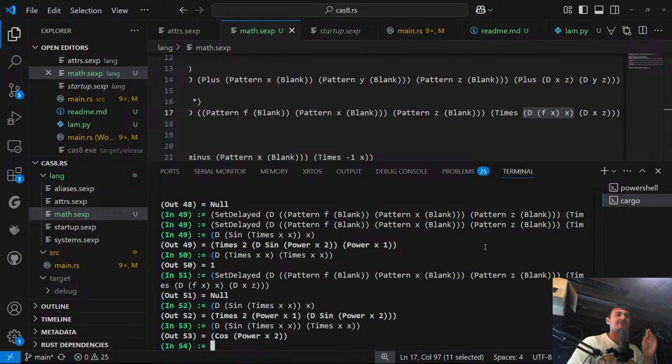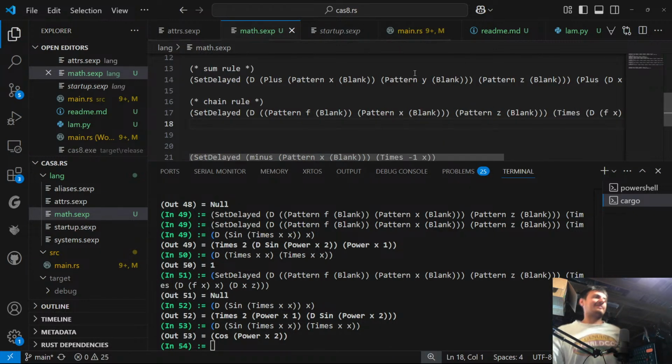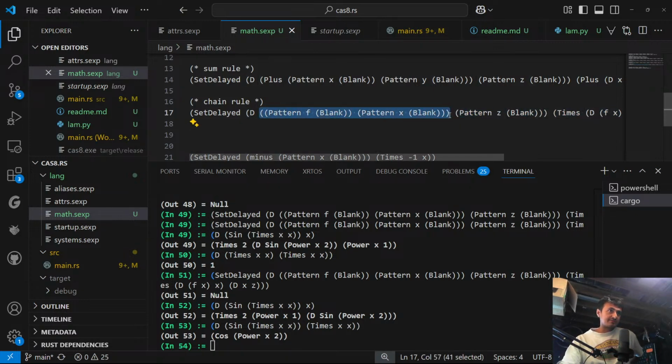Damn, I'm so close to having chain rule working. I think chain rule is really close to working. So we have this function call here, f of x, and we're taking the derivative of f of x with respect to z.